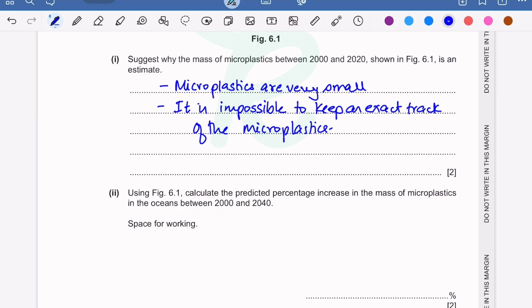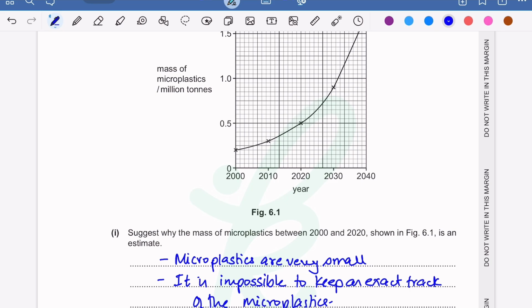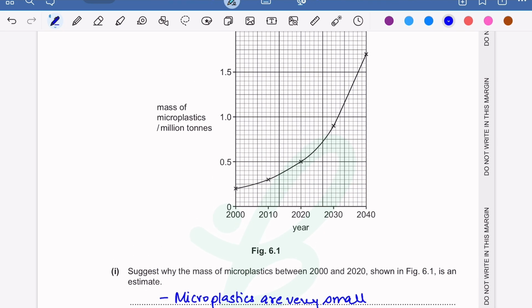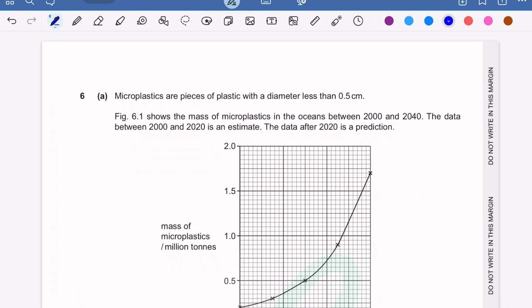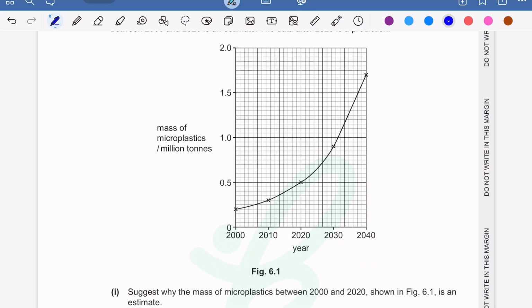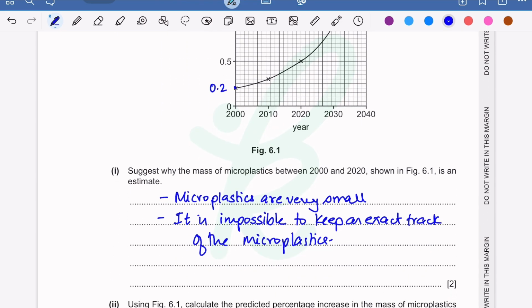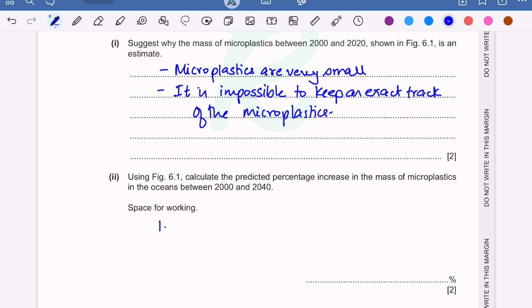So we'll take the value at 2000 and we'll take the value at 2040. So at 2000 we can see that the value is around 0.2 and at 2040 the value is around 1.7. So the percentage increase will be 1.7 minus 0.2 upon 0.2 into 100, which gives the answer as 750%.